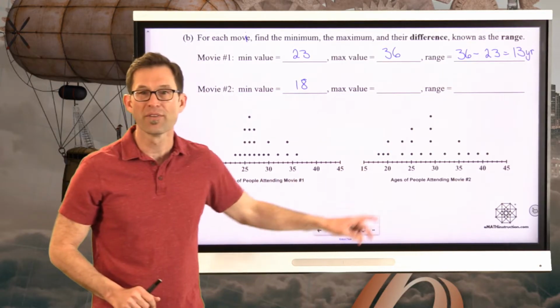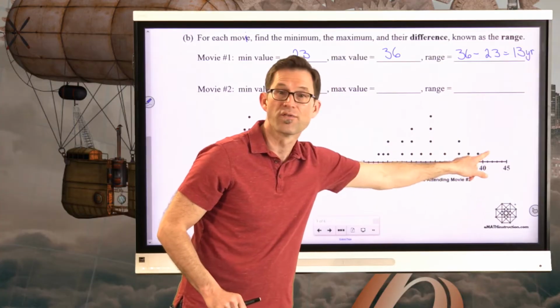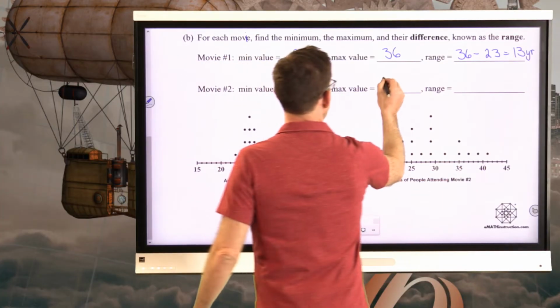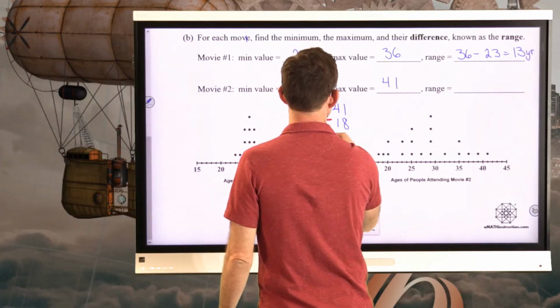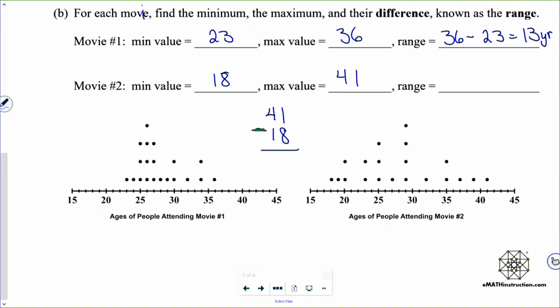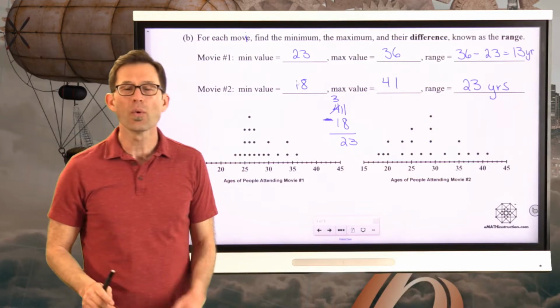The maximum, the dot farthest to the right, is 41. All right, the range is going to be 41 minus 18, with a nice red subtraction mark there, still red. So the range is 23 years.